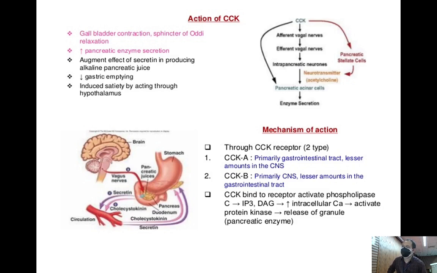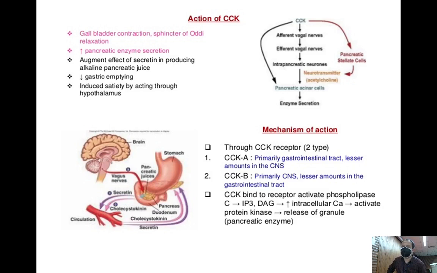So there is a concomitant action on these two: smooth muscle that contracts the gallbladder, and smooth muscle that relaxes the sphincter of Oddi. This helps in the flow of bile from the gallbladder into the intestine.